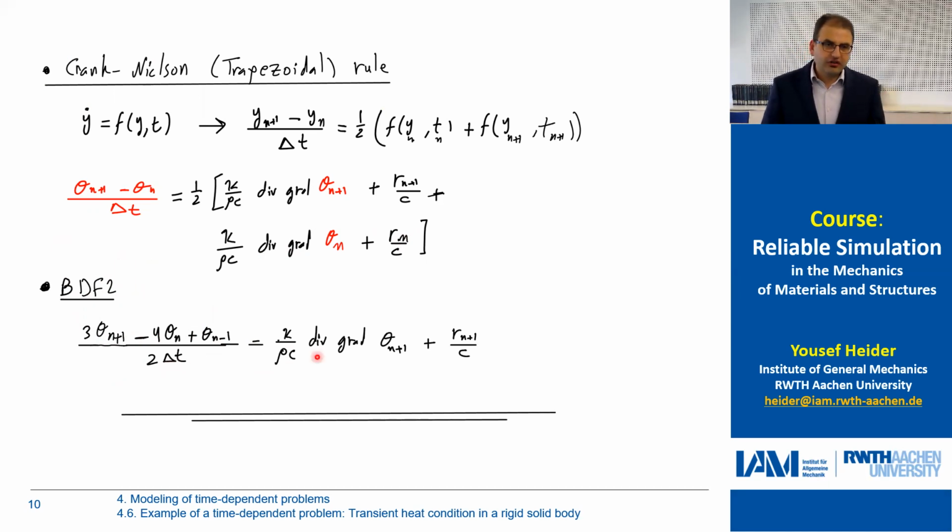The right-hand side is at the next time step, so we have zeta_{n+1} plus R_{n+1}. Here zeta_n is the previous time step and zeta_{n-1} is two time steps back. This is an implicit formulation because we have zeta_{n+1} on the left-hand side and on the right-hand side. So we need to linearize this, but in FlexPDE this is carried out automatically. It's important to know what is going on in the background.